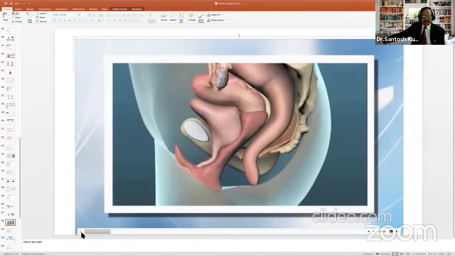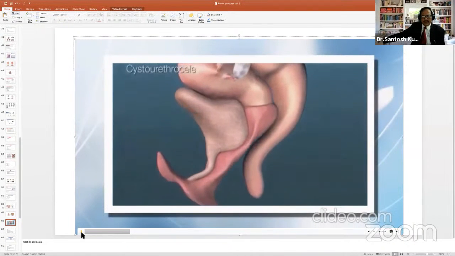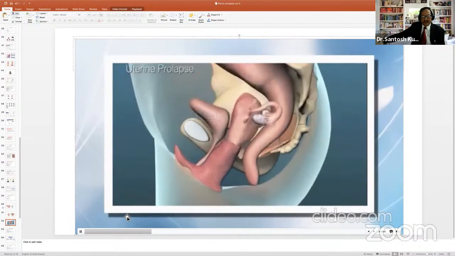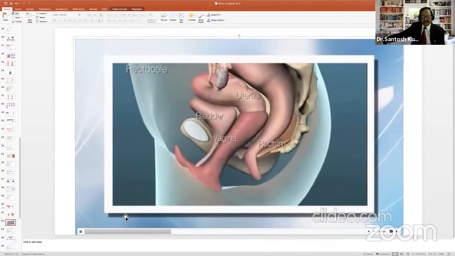This is a video showing cystocele and the urethrocele. This is rectocele.